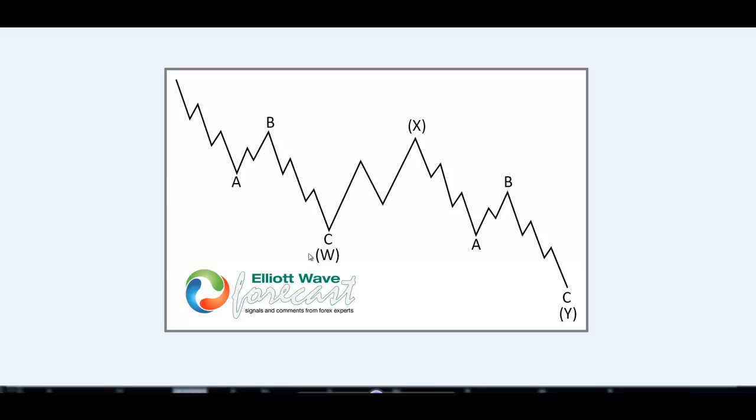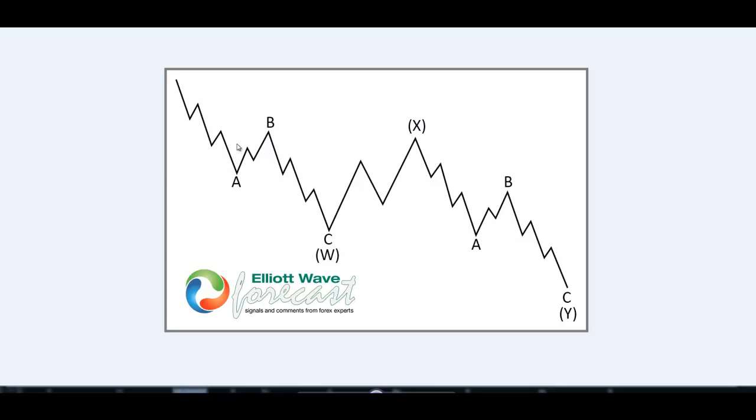Otherwise, the W itself is like a 3, 3, 3, and then 3, 3, 3. So that's the most popular around the market, the so-called double zigzag, and we believe that double zigzags are part of a double correction. So that's what we call in general a double correction.